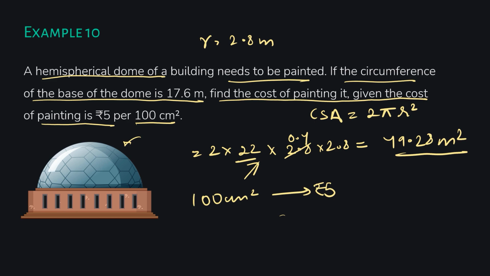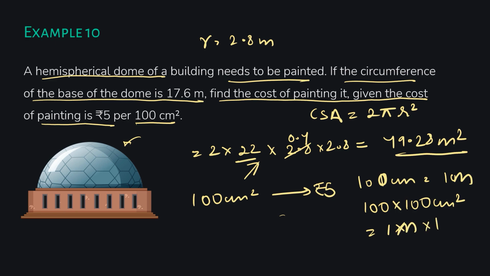So from here, we know that 100 centimeter is equal to 1 meter. So 100 centimeter square, that is 100 into 100 centimeters square, is equal to 1 meter into 1 meter, so that we get meter square.